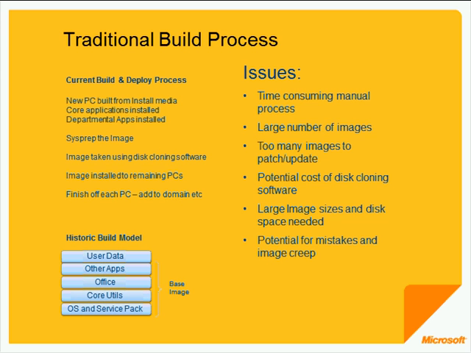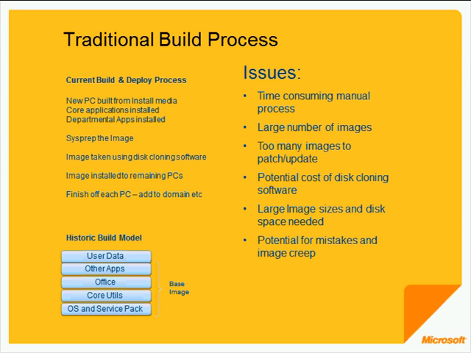We'd build it up, we'd put applications on, essentially departmental applications if these new machines are going into a specific department. And we'd then SIF prep the image and then take a sector-based image of that disk using some third-party imaging software, and then we'd push out that image to the remaining PCs that we were going to build. So in the bottom left-hand corner there, that's how that model looks.